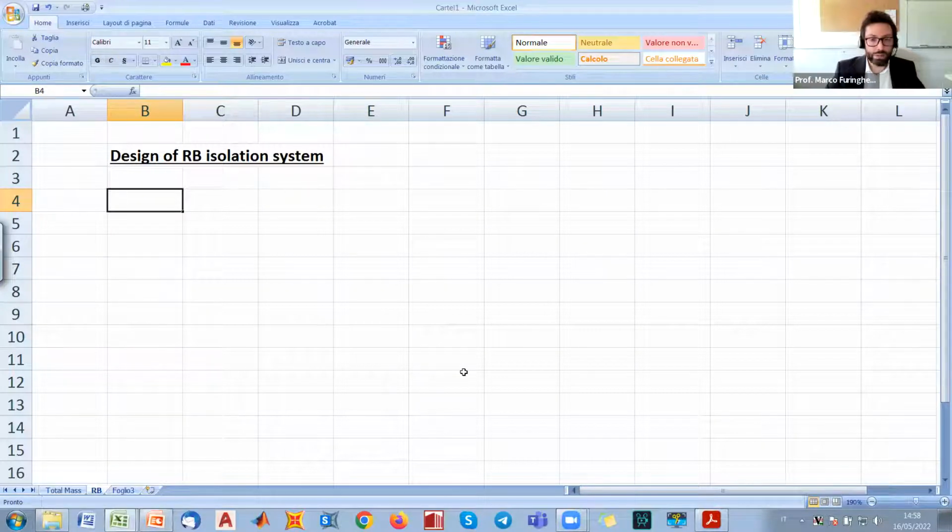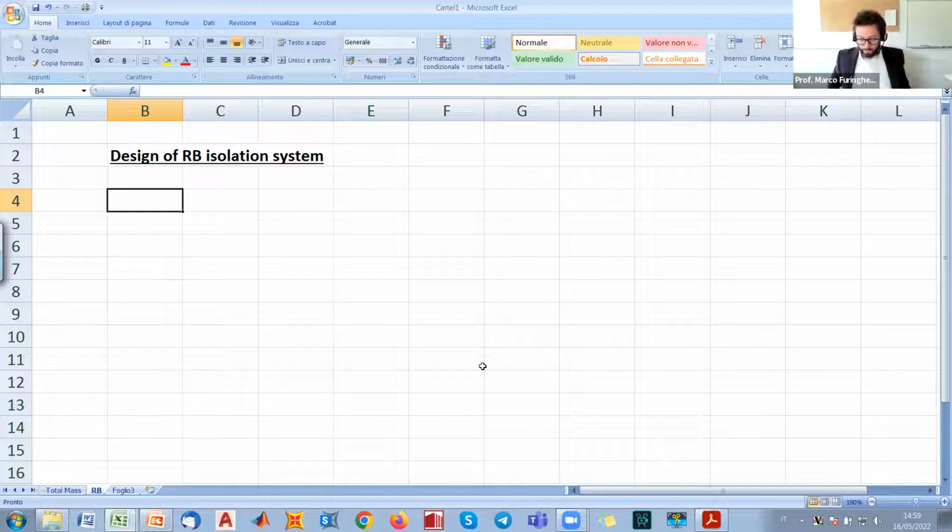So there is something missing, because we know that we need the global mass of the structural system that we want to consider, but obviously we also need the seismic input for design.